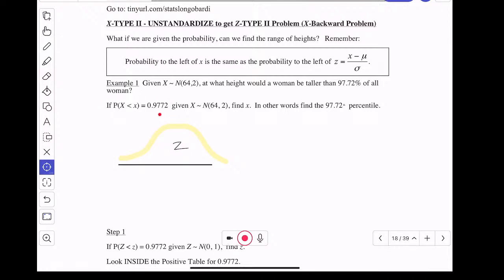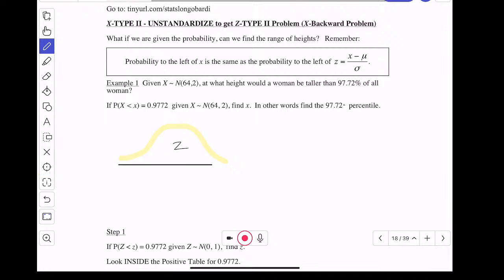I want to find the 97.72th percentile. It means find the position X where 97.72% of the observations are to the left.